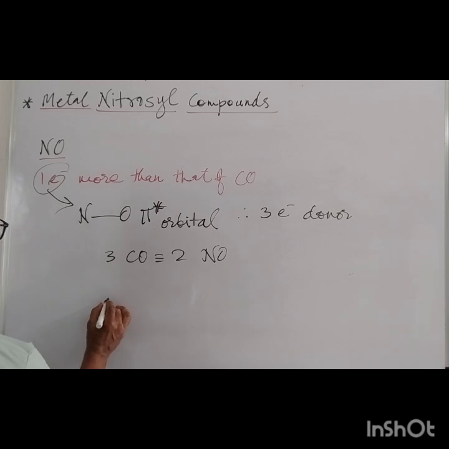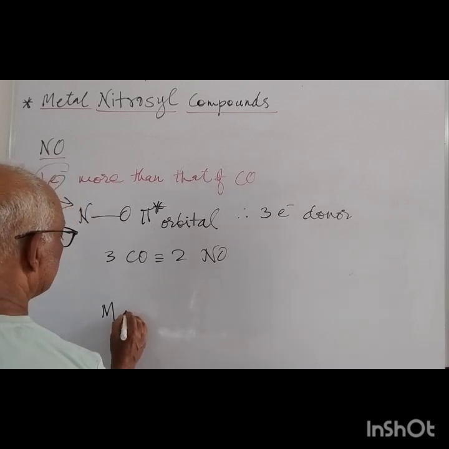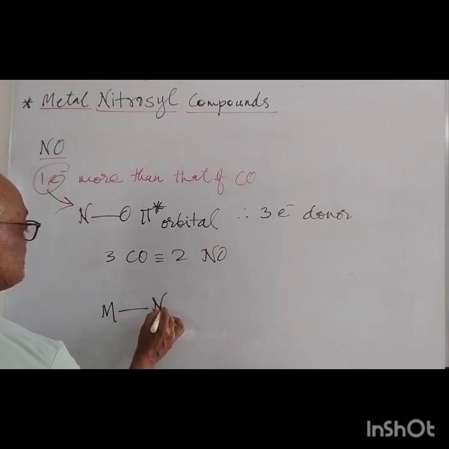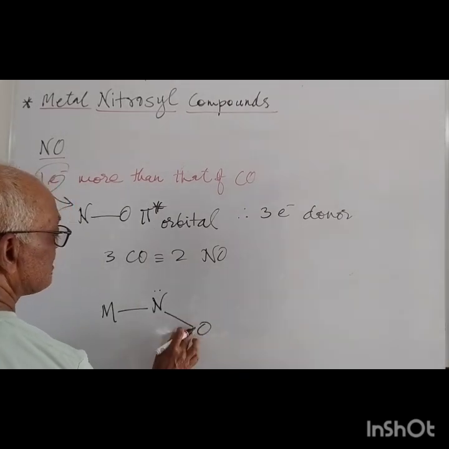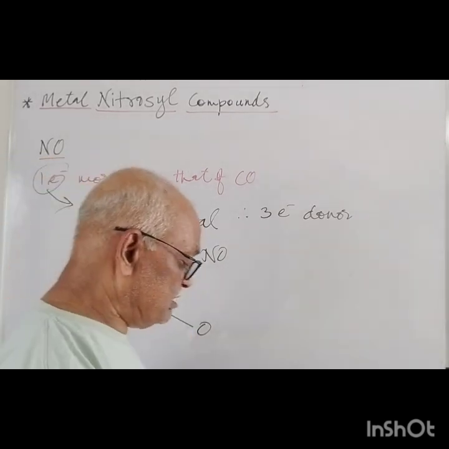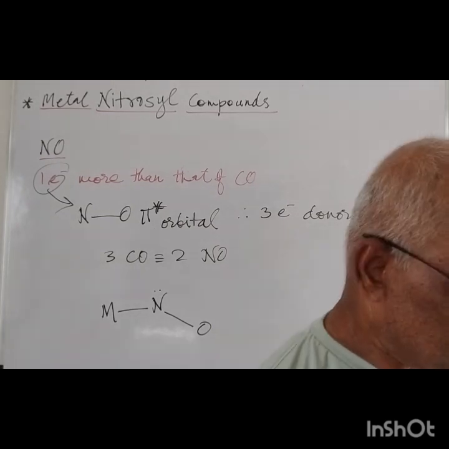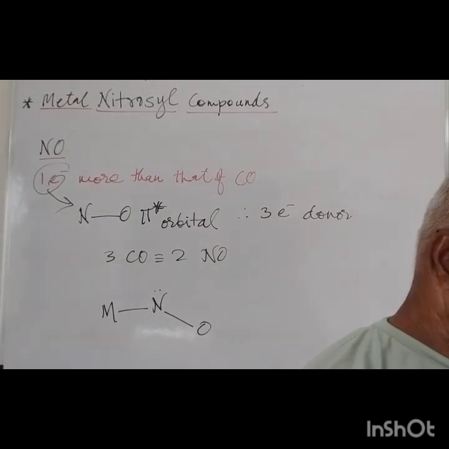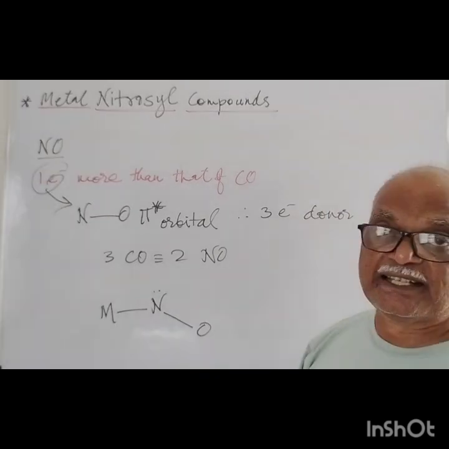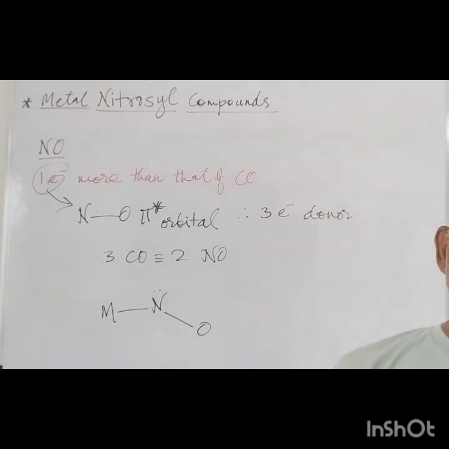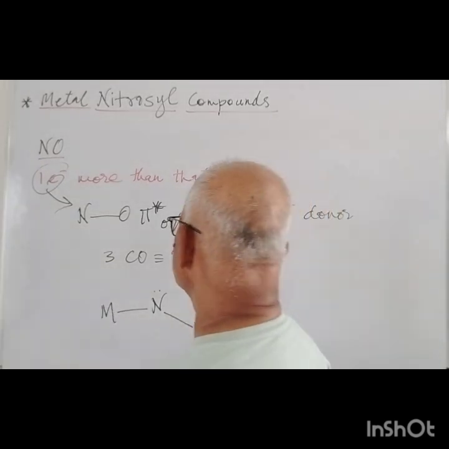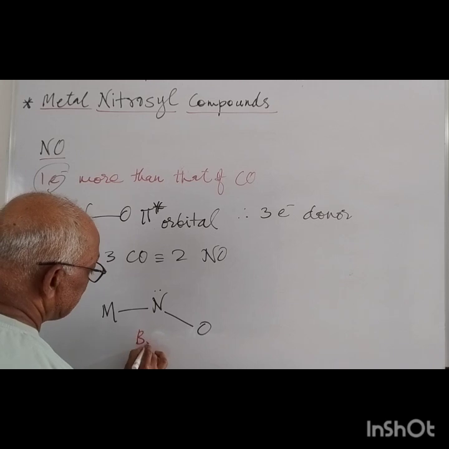Here, if there is such a bond, this is metal, and it is nitrogen and the lone pair is residing on nitrogen, then this nitric oxide is having the structure like this, that is the bent form. So when the lone pair resides on the nitrogen and the geometry is bent, you will find such type of bent geometry.